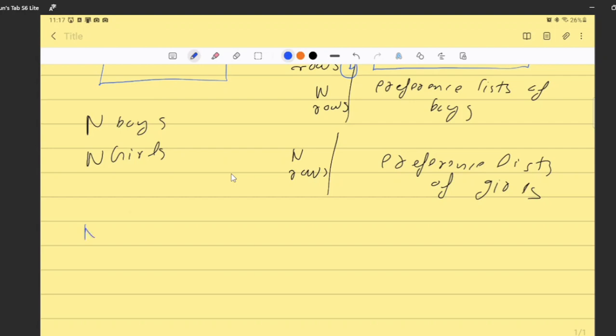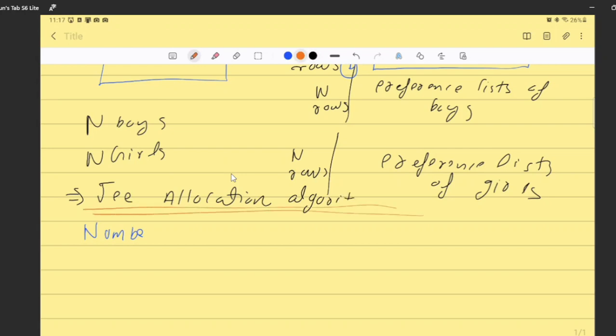Heading: JEE allocation system algorithm. The number of seats is equal to the number of candidates, and there is only one round of counseling.